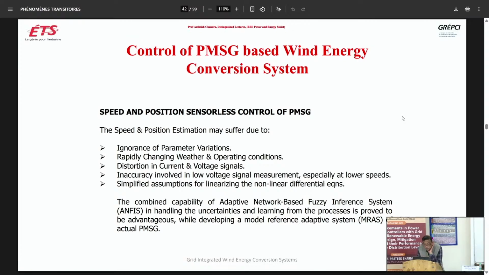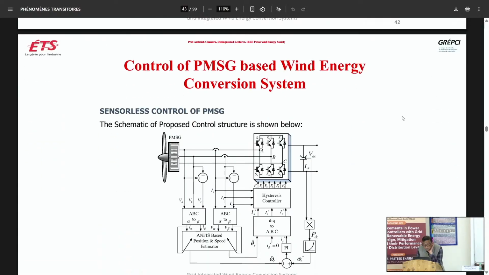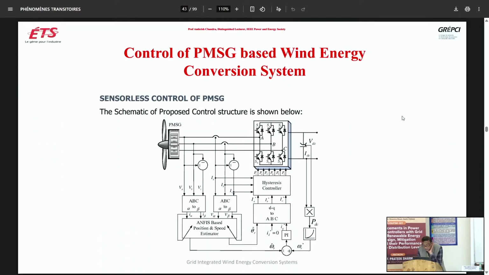So this is how sensorless control of PMSG was done. You are not measuring position or speed of the generator. You are just measuring the voltages and currents. Even the student said, okay, we can avoid the use of a third current sensor because the sum of all the currents is zero. Then you have VA, VB, VC and IA, IB, IC, and then ABC to alpha-beta Clarke's transformation.